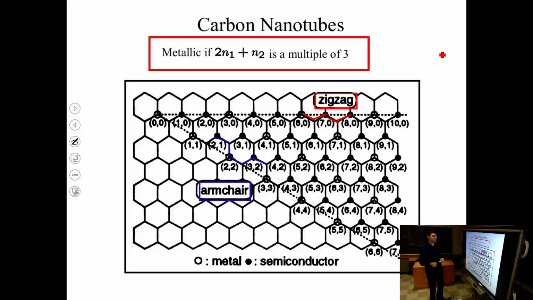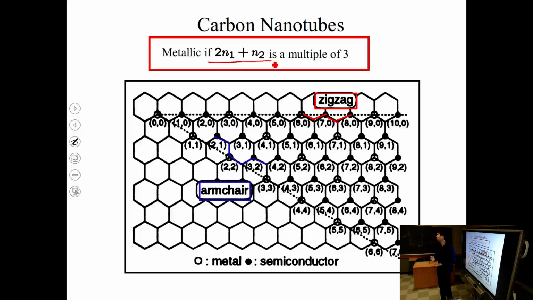Now you can work out for all possible rolling vectors whether you're going to have a metal or a semiconductor. And it turns out that there is a general formula that when the rolling vector satisfies this expression, 2n1 plus n2 or 2n plus n is a multiple of 3, then you have a metal.